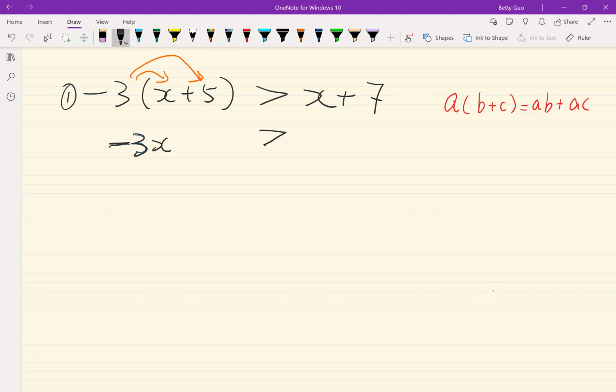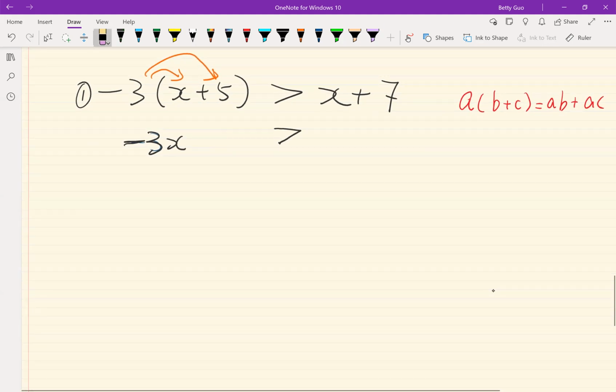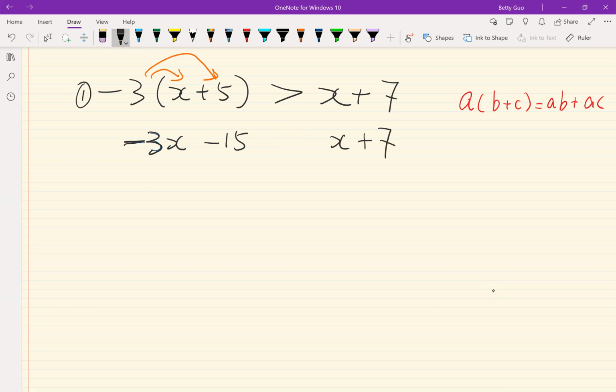Negative 3 times 5, negative 15, right? That's the left-hand side. Right-hand side, we bring down the 2 terms because there's nothing to simplify. Now look at the inequality. We have 2 terms on the left. We have 2 terms on the right, right? So we have 4 terms in total.